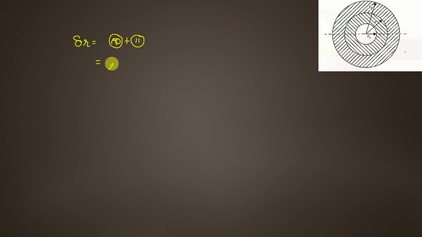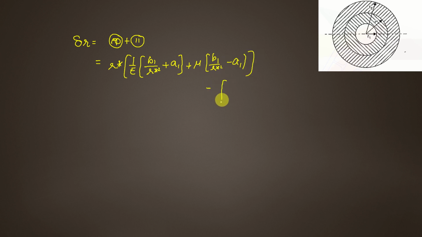R star into 1 by E into B1 by R star square plus A1 plus mu into B1 by R star square minus A1, minus R star square by E into B2 by R star square plus A2 plus mu into B2 by R star square minus A2.